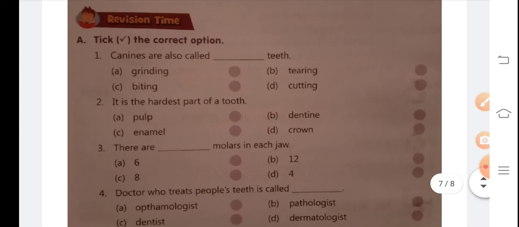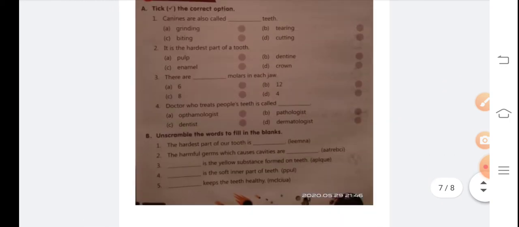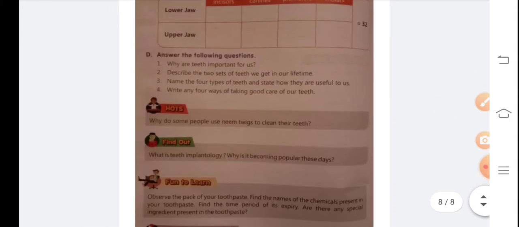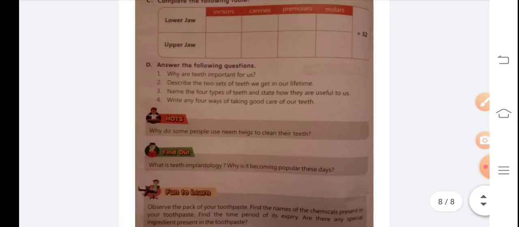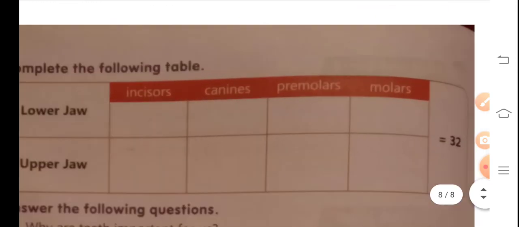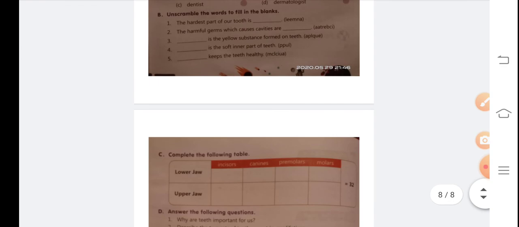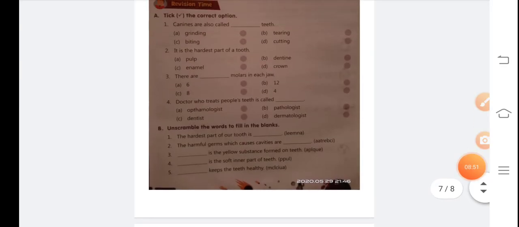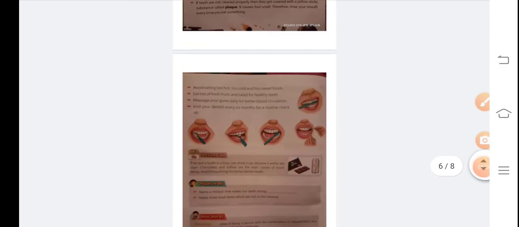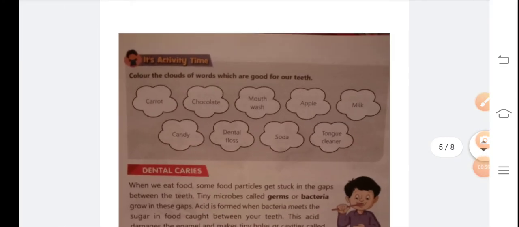If you have any problem, I want to support you. I have also sent the question answers, so complete your homework. Complete your fair copy of Chapter 2 of science. Stay home, save your life, and continue your study.